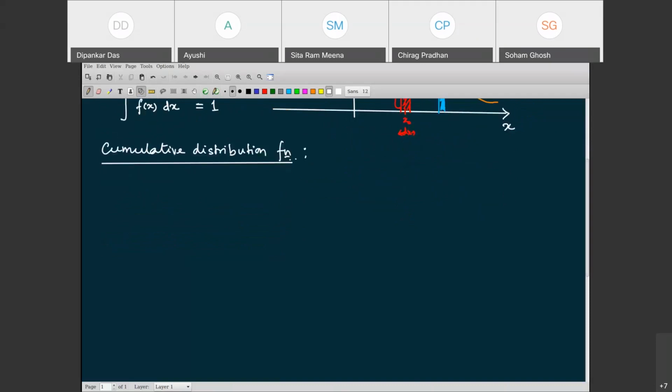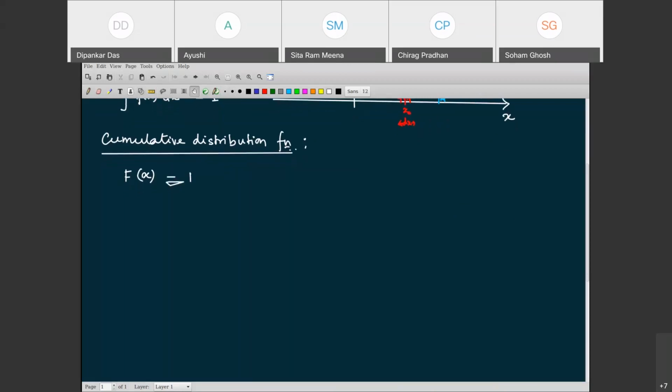This is defined as follows: if x is the random variable, then F(x), the cumulative distribution, is the probability that the random variable will have value less than or equal to x.